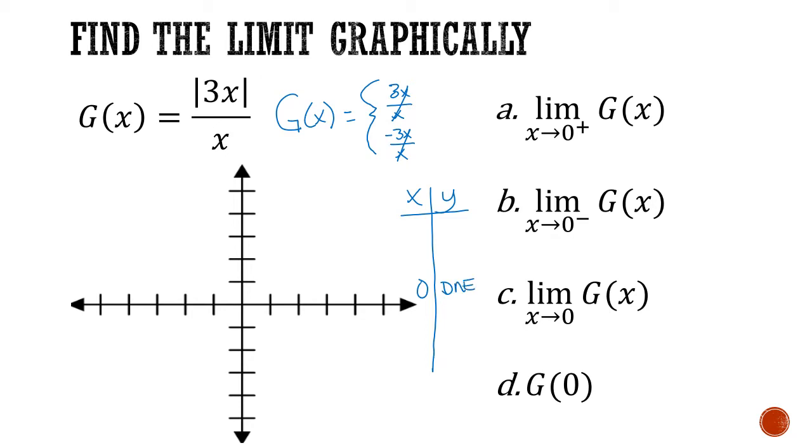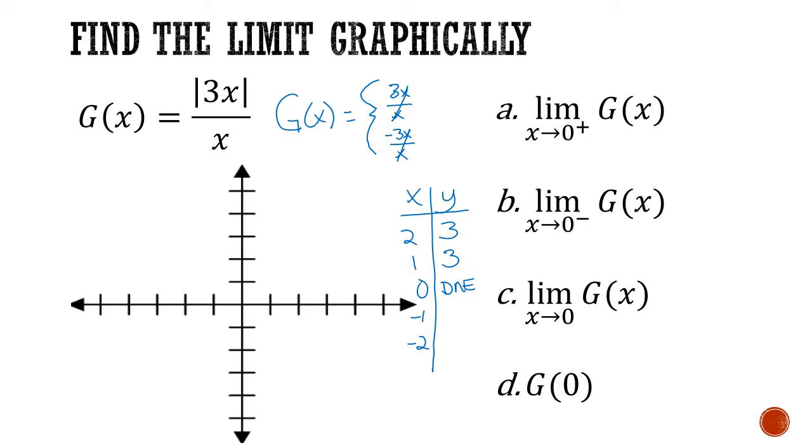Okay, now let's try a couple of positive and negative x values, see what happens. So plug in 2, absolute value of 6 is 6. 6 divided by 2 is 3. Plug in 1, and you get absolute value of 3, which is 3 over 1, which is 3.